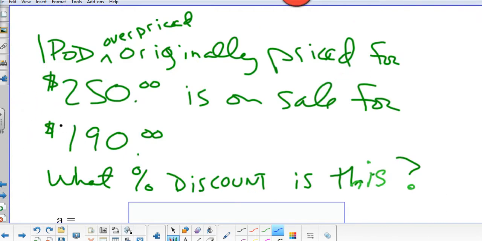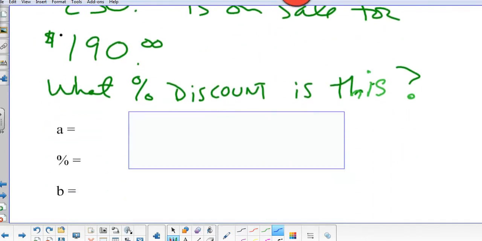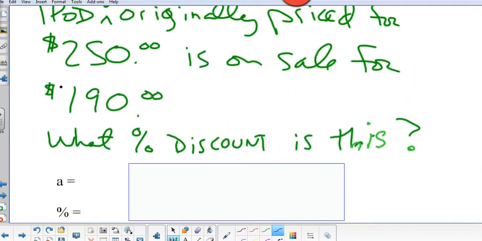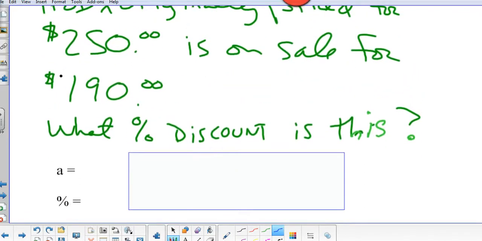All right, a couple more examples here. We've got an iPod originally priced at $250 that is on sale for $190, and the question is, what percent discount is this? Percent discount is what they've taken off, so we're going to fill in the amount, the percent, and the base.